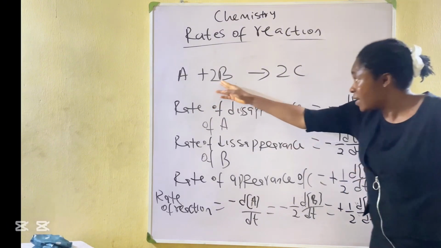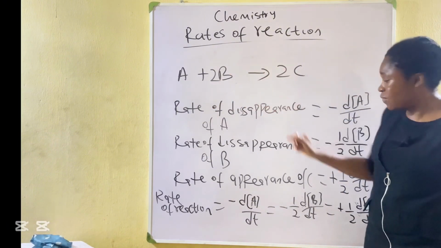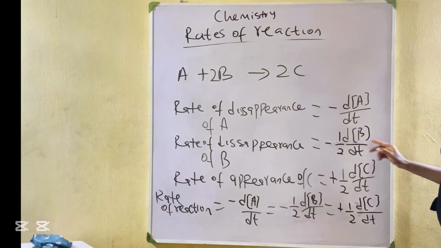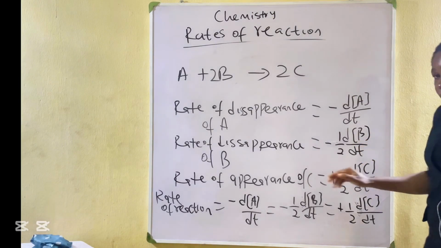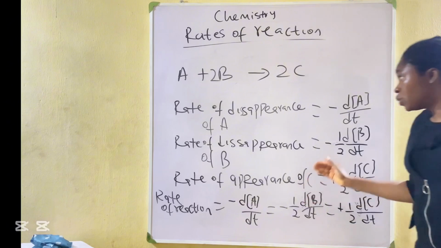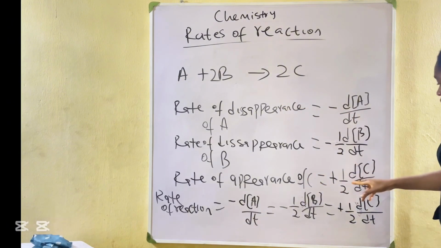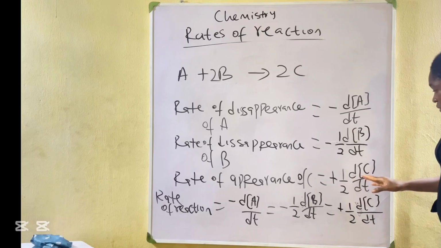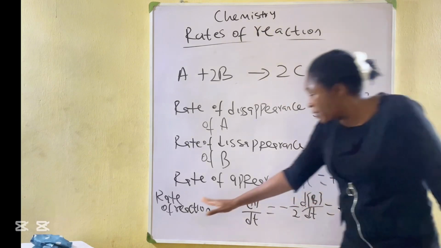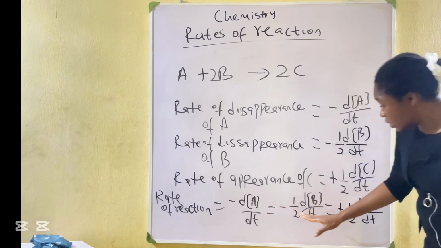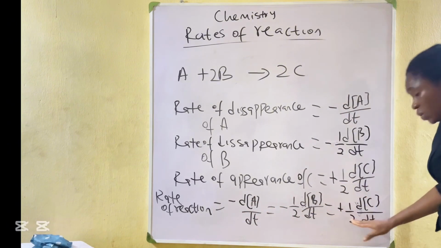If I have 3, it is 1/3. If I have 4, 1/4. For the rate of appearance of product C, the coefficient is 2, so 1/2 change in concentration of C over change in time. So the rate of reaction is equal to this, equal to the one for B, and equal to the one for C.